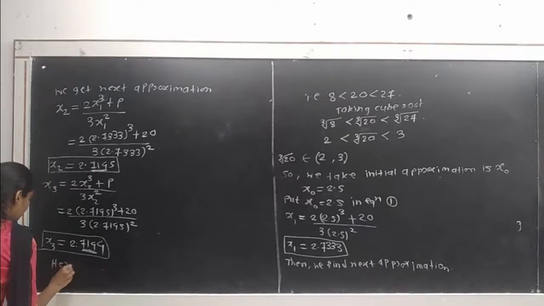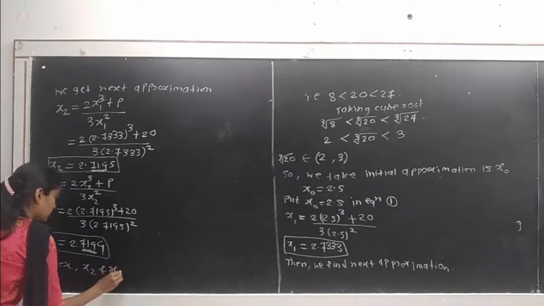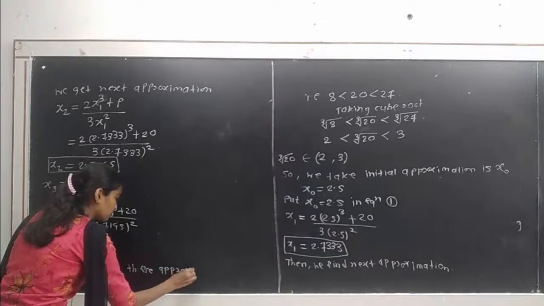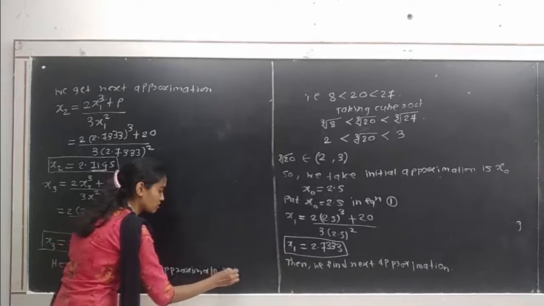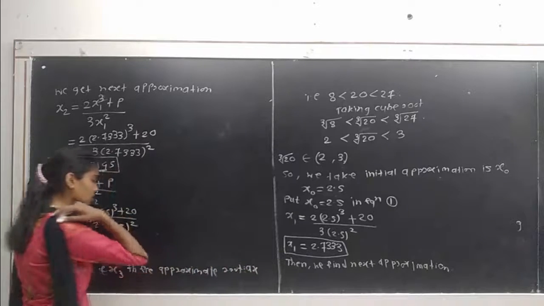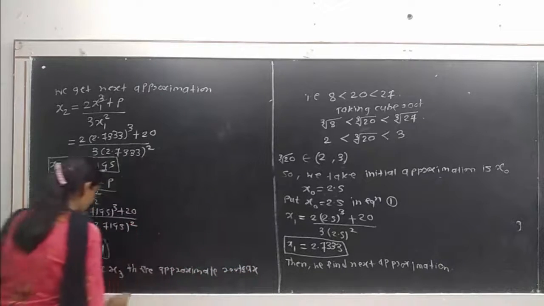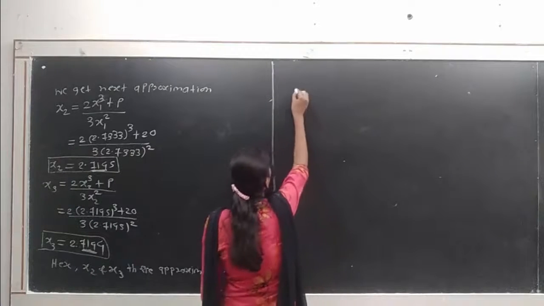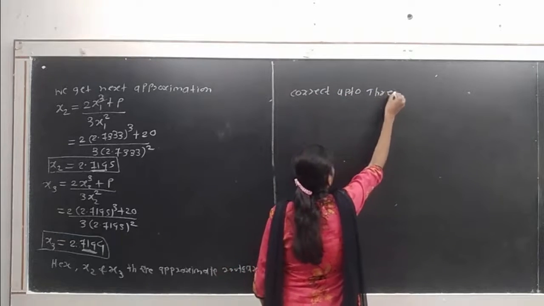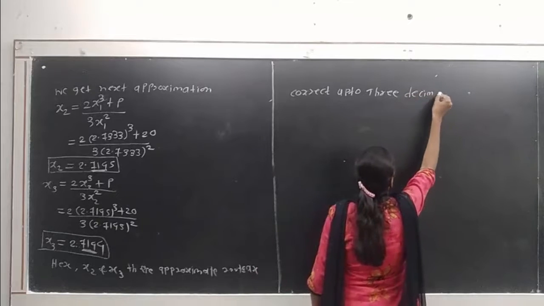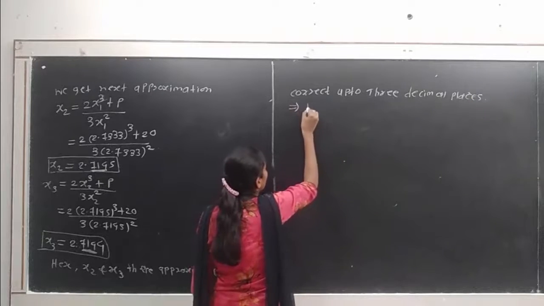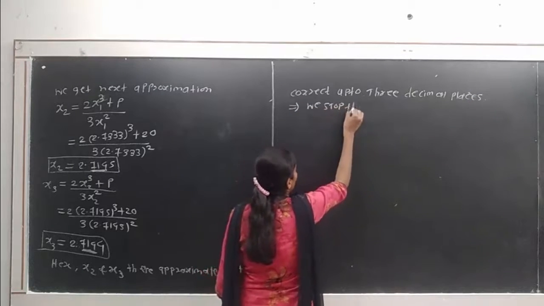Here x2 and x3, these approximate roots, are correct up to 3 decimal places, therefore we stop the procedure.